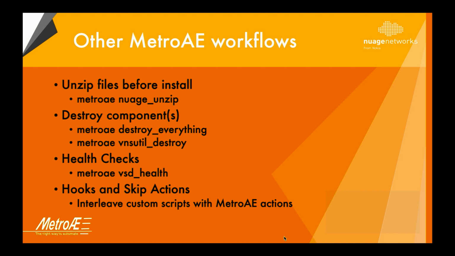So we would use the skip action to say, Metro, skip the pre-deploy step, and then just jump right to the deploy step. This is also helpful for environments where in a customer's lab they have one group that's responsible for VM instantiation and a different group that's responsible for the Nuage Network software install. This also helps them there.